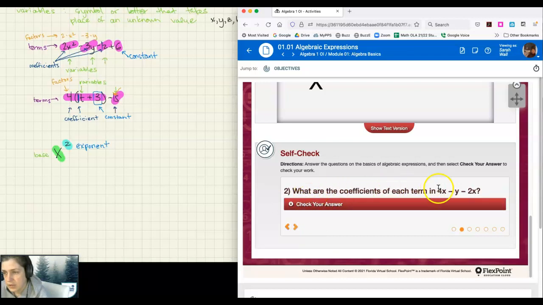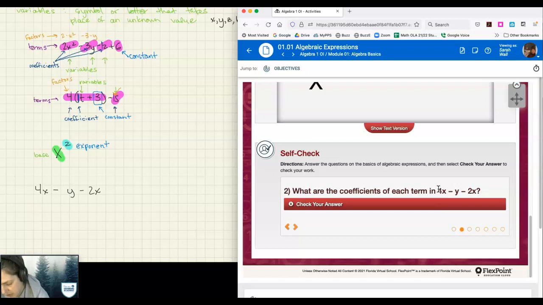What are the coefficients for each term? So remember, a coefficient is something that multiplies. So I'm going to write this one down for you. 4x minus y minus 2x.